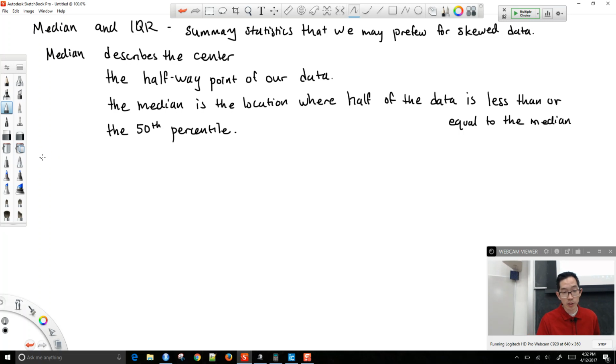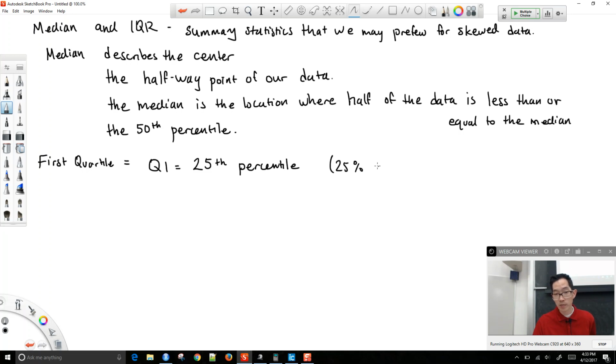Let me also introduce these other parts. The first quartile, we call this Q1. And Q1 is the 25th percentile. And we say that 25% of the data is smaller than Q1. Okay? 25% of values are less than or equal to Q1.